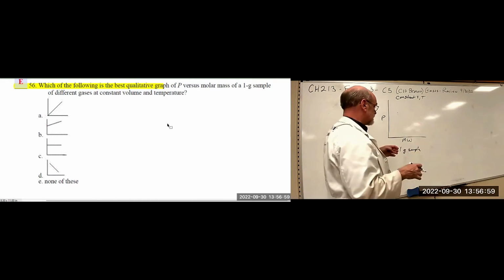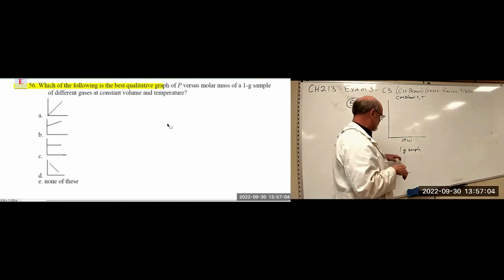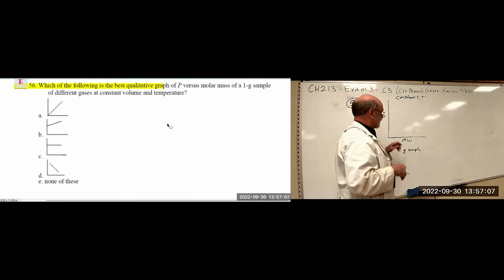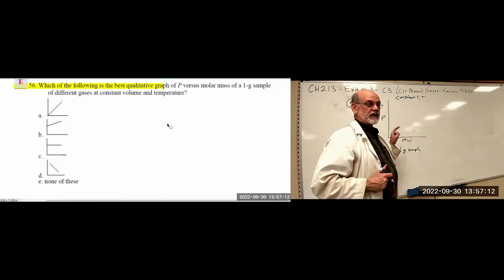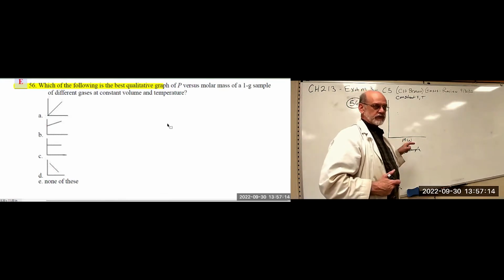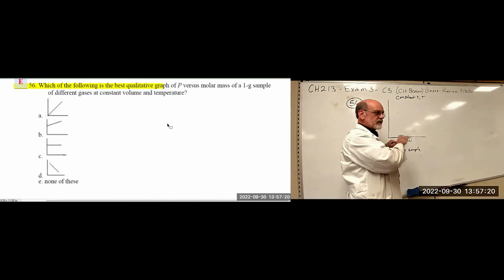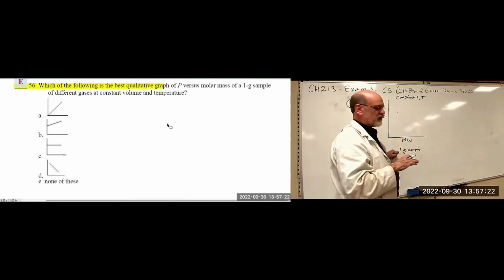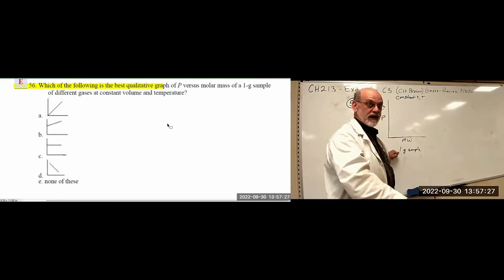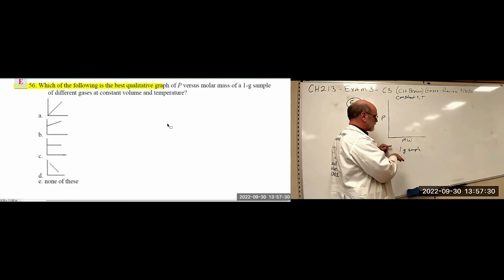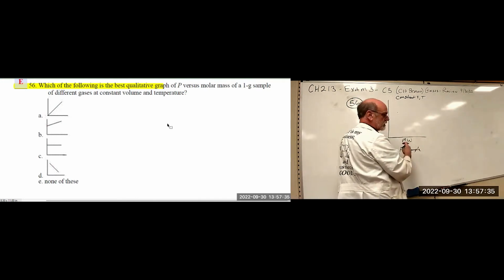of the different gases. So what happens as the molecular weight of the gas increases? What we're trying to relate here is the number of particles, right? As the number of particles goes up, the pressure should go up. So if the molecular weight increases, what is that doing for the number of particles in a 1 gram sample? It goes down, right? As the molecular weight goes up, the number of particles goes down. So as the molecular weight goes up, the pressure should come down.